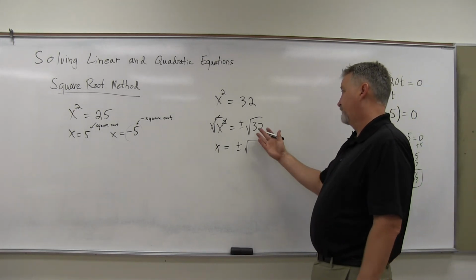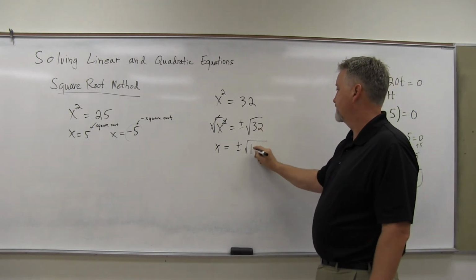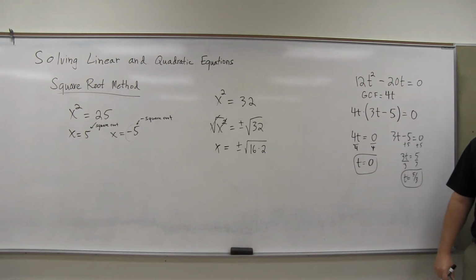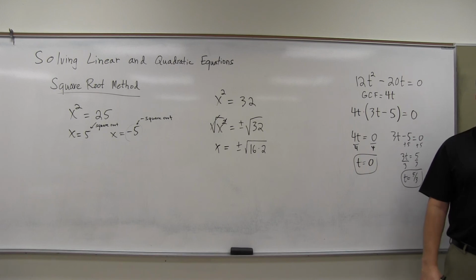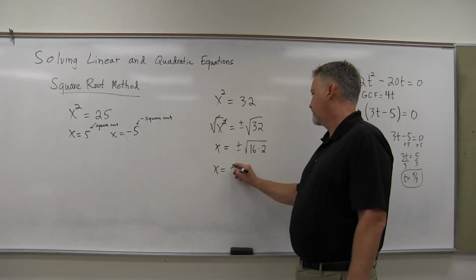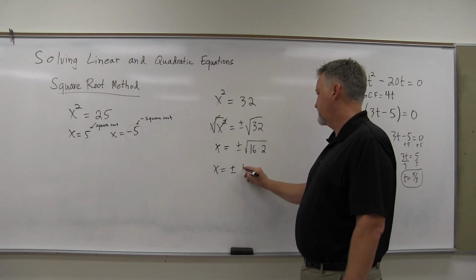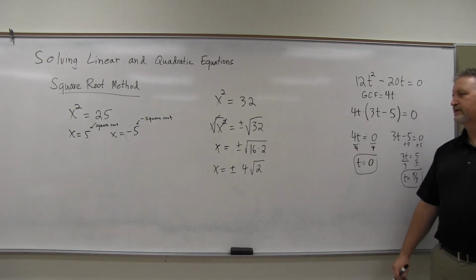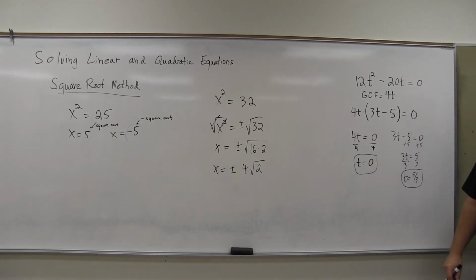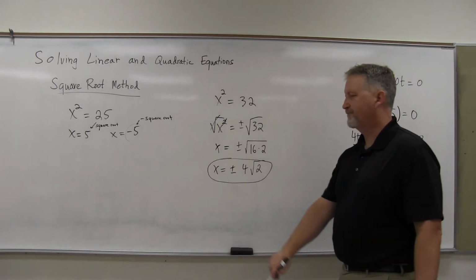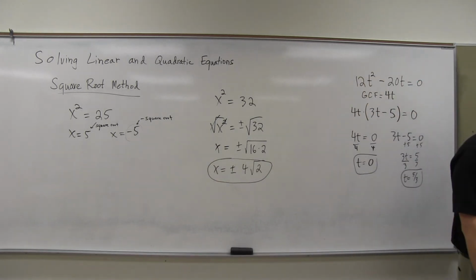In this case, 4 would work, but 16 is even better. 16 is a factor of 32, so we're going to break down 32 as 16 times 2. Well, we've got the square root of 16 times 2, and that's why we look for the perfect square factors. We've got the square root of 16, which is 4, and then of course the square root of 2 can't be simplified, and so that would probably be the way they would represent the answers to that.